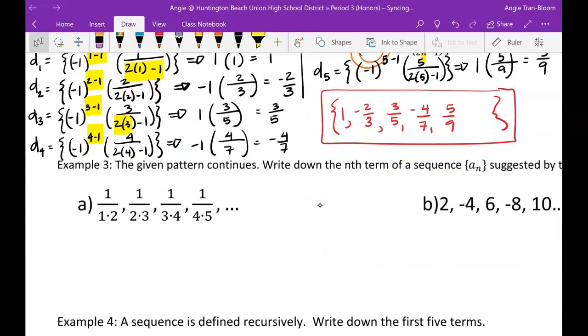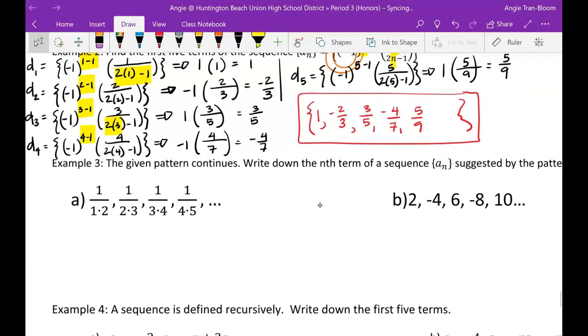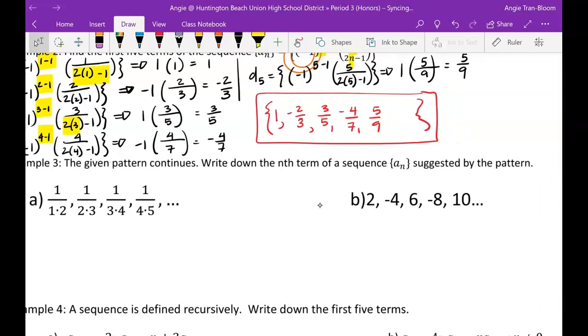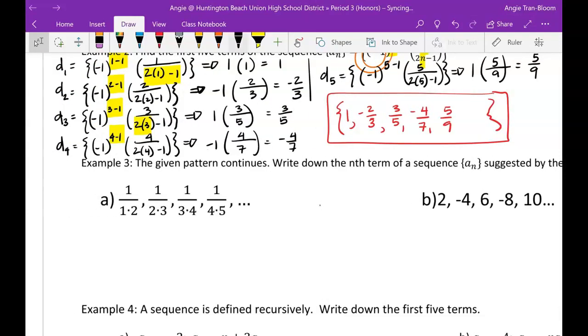The given pattern continues. That means it doesn't ever end, okay? Write down the nth term of a sequence. They want to call the sequence a subscript n, suggested by this pattern, okay? What this means, guys, is it wants a formula.